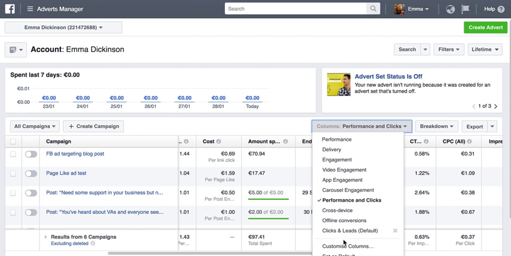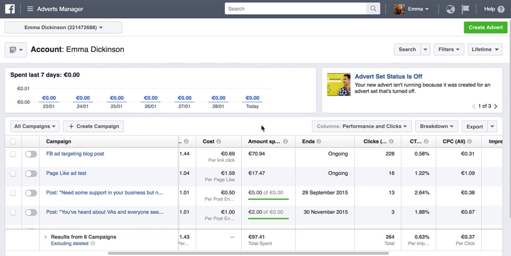You can customize columns and set different defaults. I'm not going to show you that right now because I think that you get all the information that you need to make some decisions on your ads by using this performance and clicks option. So I'm going to leave it at that for now.